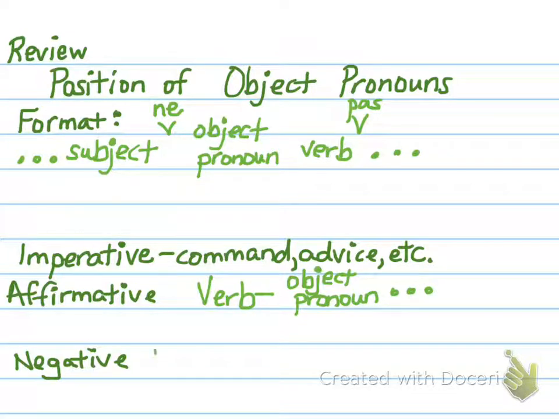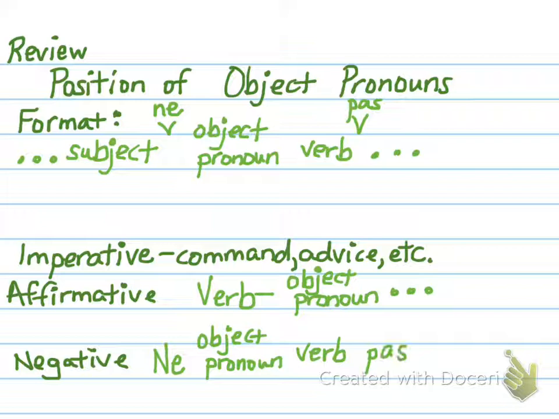And when it's negative, then it's ne, object pronoun, verb, pas, and then dot, dot, dot for whatever else is in your sentence. So that's where these object pronouns go, whether you're talking about a direct object pronoun or an indirect object pronoun.